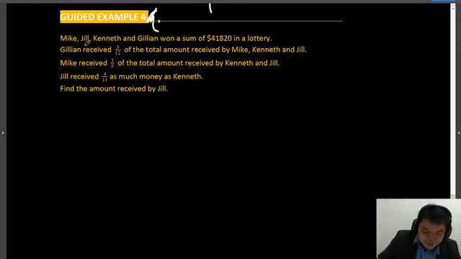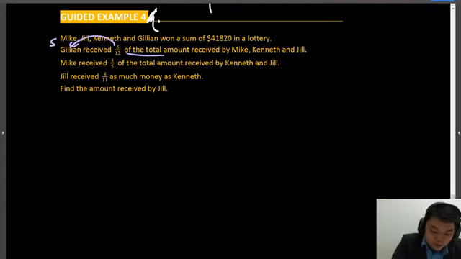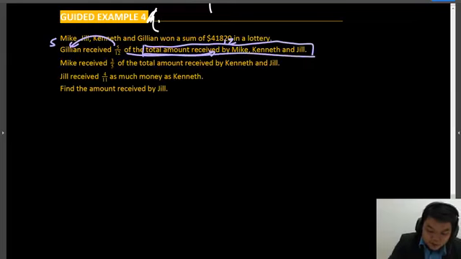Mike, Jill, Kenneth, and Jillian won a sum of money, which is $41,820. So Jillian received 5 out of 12 of the total amount received by Mike, Kenneth, and Jill. Okay, so let's list that out first. Allocate your units accordingly. 5 goes to Jillian, 12 goes to the total amount received by Mike, Kenneth, and Jill.